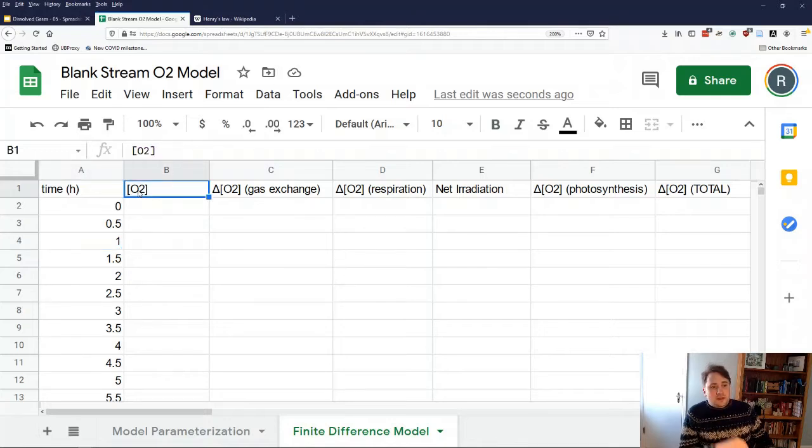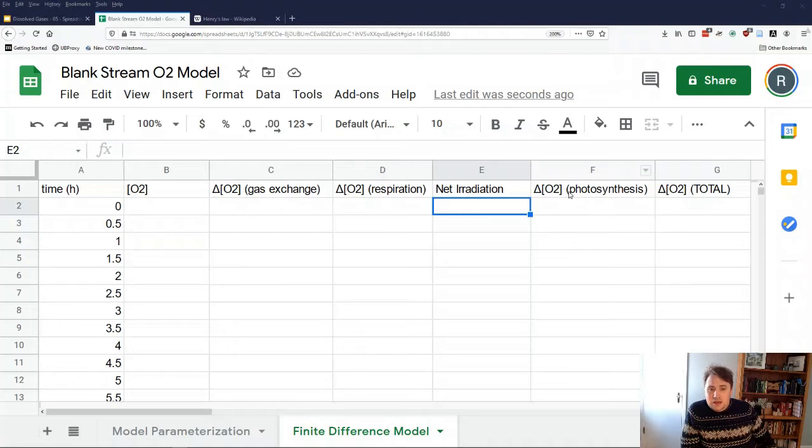And we have a slot for the total concentration of oxygen in the system. We have this column for the change in oxygen over a given time step, so the big delta O2 due to gas exchange. And we're going to put a differential equation here. We have the change in oxygen over a given time step due to respiration. We'll put in a differential equation here. And the net irradiation, we're going to use that sine model to model.